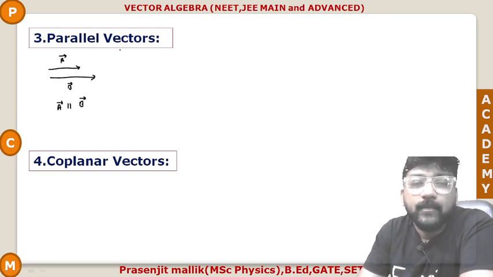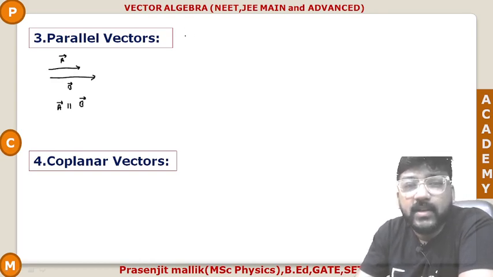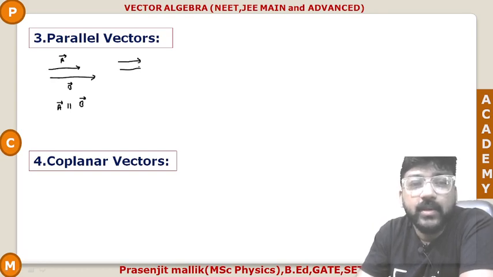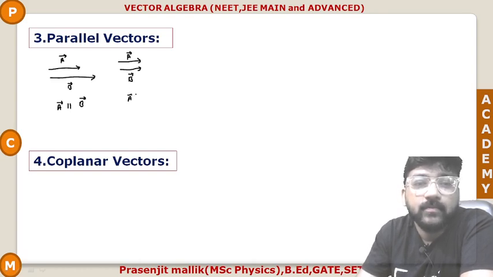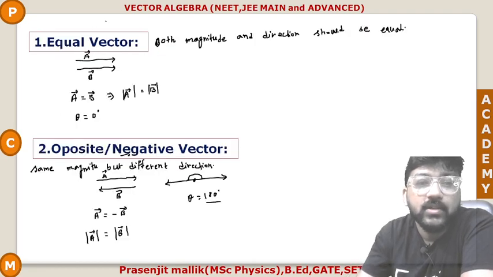So here you can say that the magnitude may or may not be equal. If A and B are the same in magnitude, no problem. Here also you can write A is parallel to B, and whenever A is parallel to B, theta will obviously be 0 degrees. So equal vectors are actually parallel vectors also.